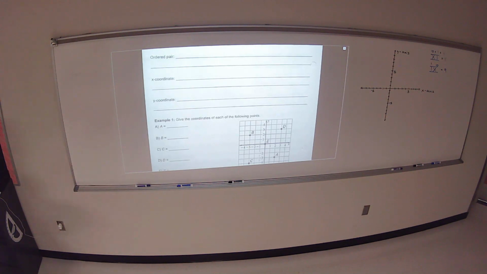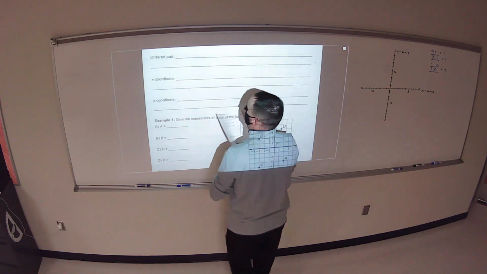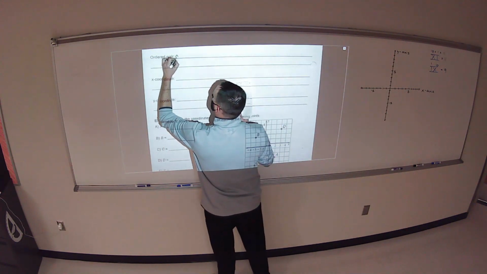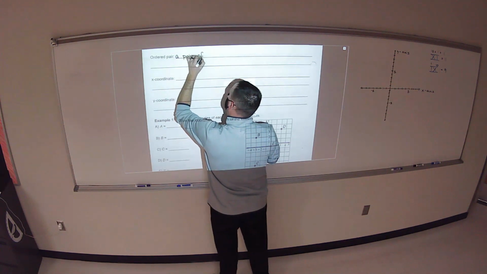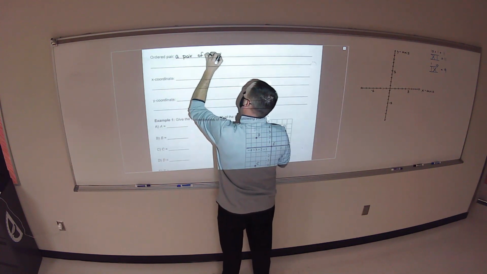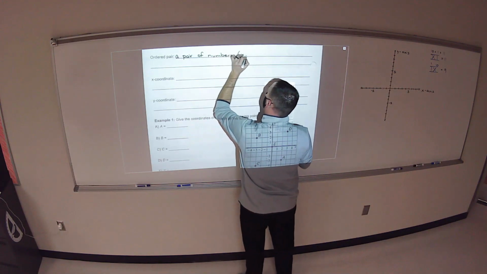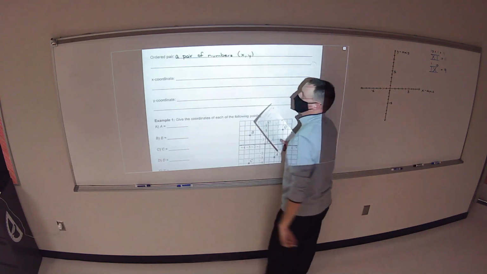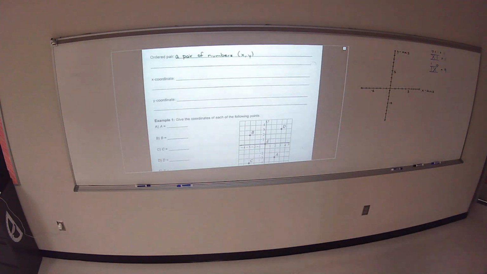All right, so an ordered pair is this. It is a pair of numbers. Okay, ordered pairs will always be listed in parentheses. You must have them in parentheses and a comma to separate them. So it is a pair of numbers.